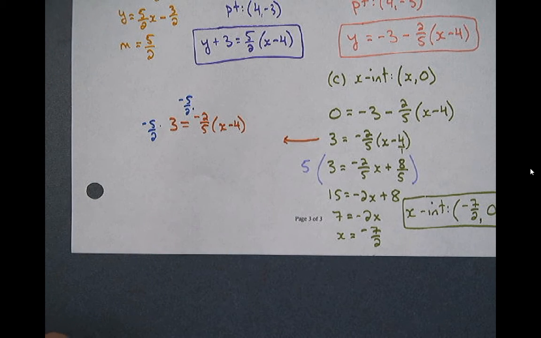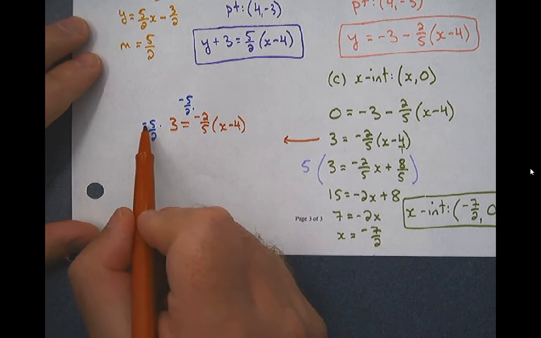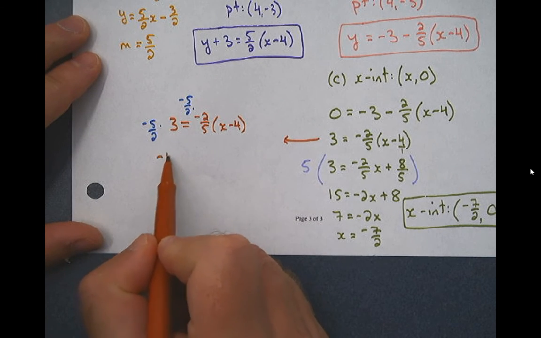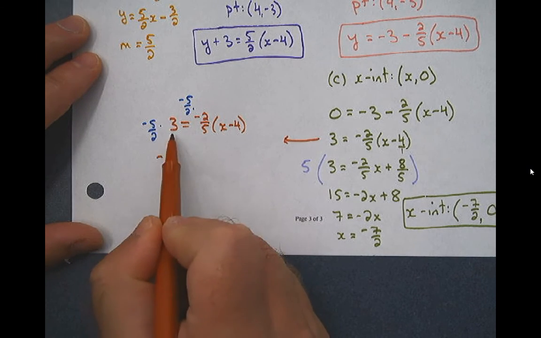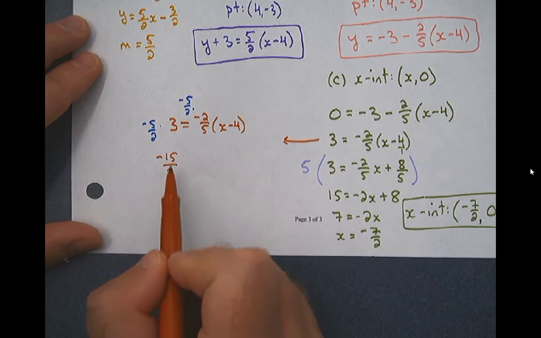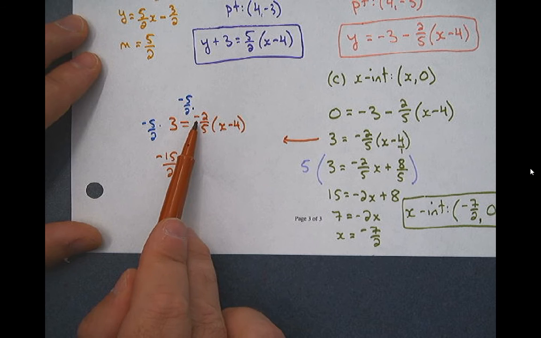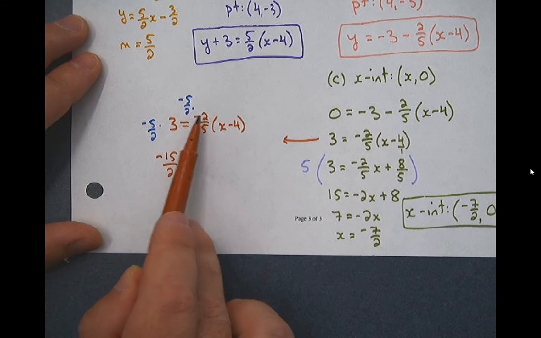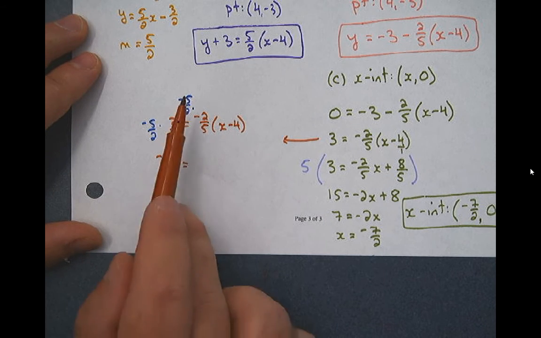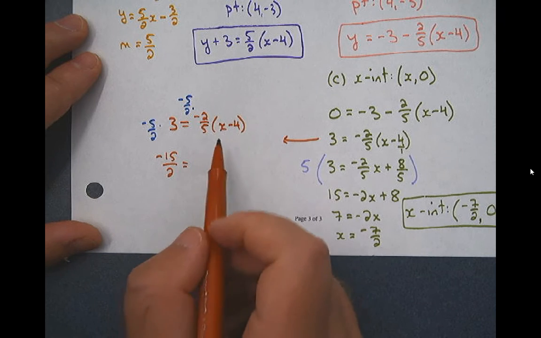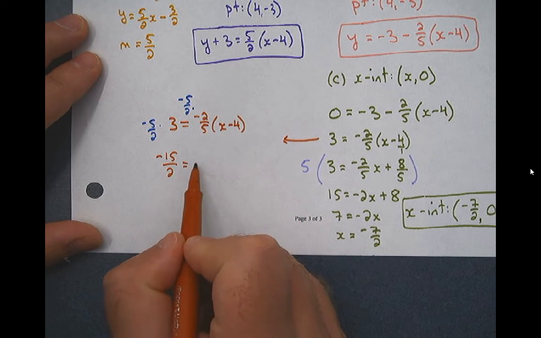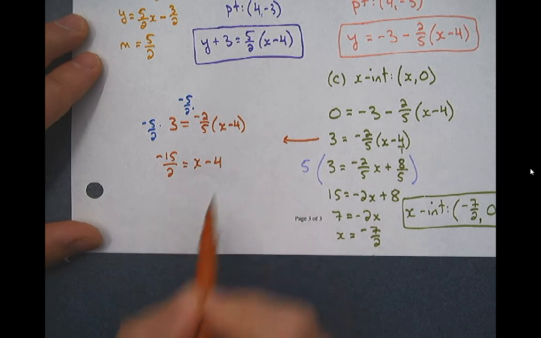So over here, negative 5 times 3 is negative 15 over 2 times 1. I'm not going to do the 1 this time, but that's over 1. Equals, now look what happens here. A negative times a negative is a positive. 5 times 2 is 10. 2 times 5 is 10. That ends up canceling. 10 over 10 ends up being a positive 1, which then I distribute into the x minus 4.